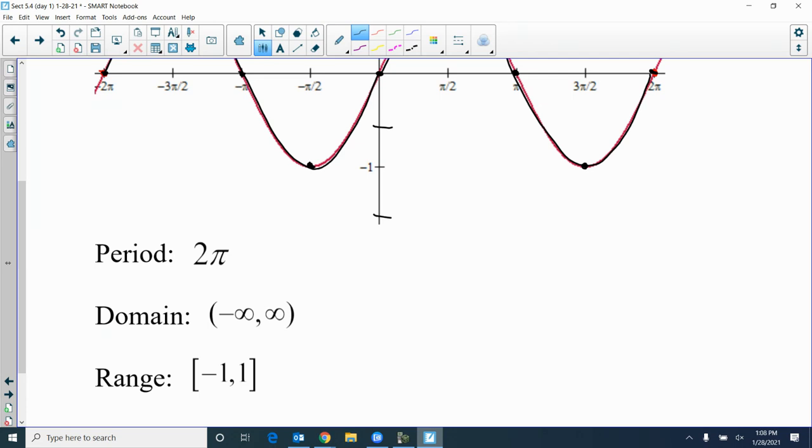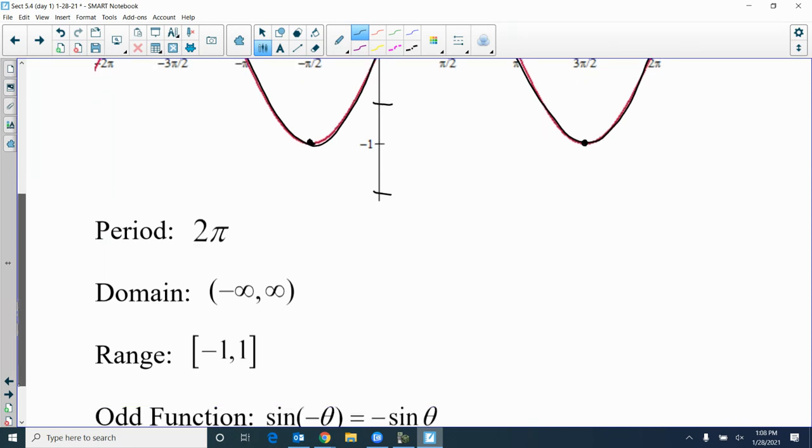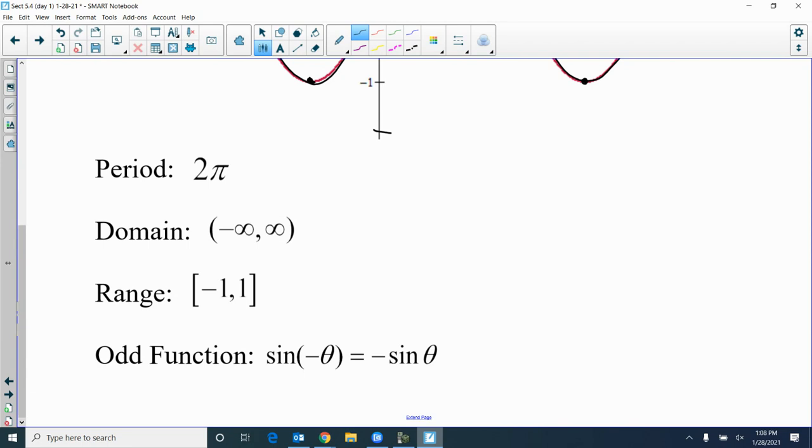So sine of 30 degrees is 1/2. What's the sine of -30? When you drop that down there, you just go the other direction, but the sign is going to be what? Instead of 1/2, it's going to be -1/2. So they're opposites, which means it's an odd function.